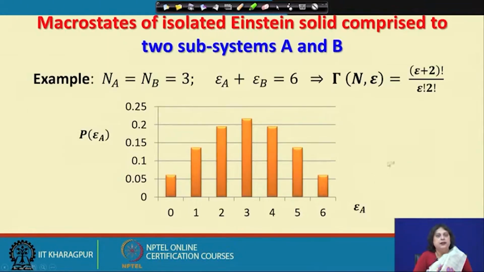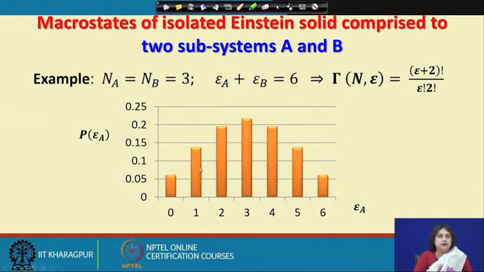So, if I go back, I am talking about epsilon A and epsilon B in such a way that epsilon A is equal to 1, so automatically epsilon B is equal to 5. So, I have started with a state of the system where epsilon A is equal to 1, and I am here.